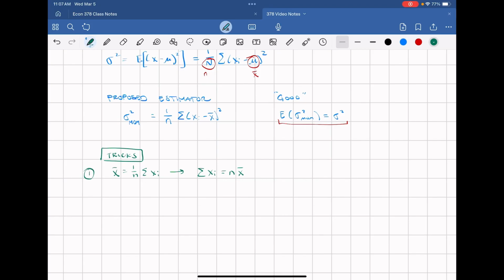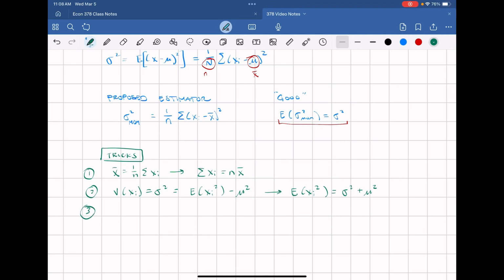Another trick is that the variance of xi is equal to sigma squared, which is equal to the expected value of xi squared minus mu squared. Well, this implies that the expected value of xi squared is equal to sigma squared plus mu squared. I just added mu squared to each side.